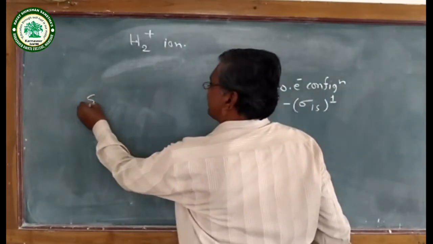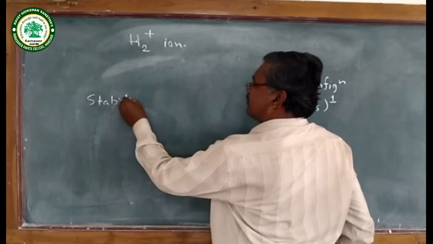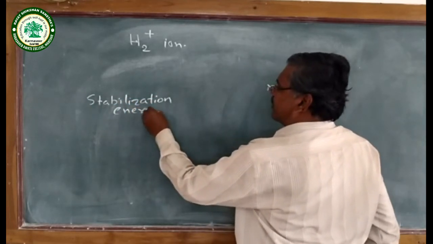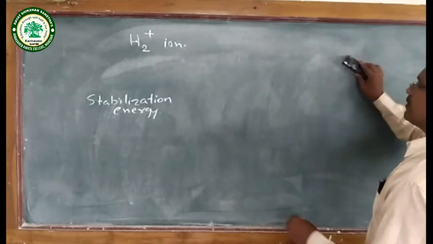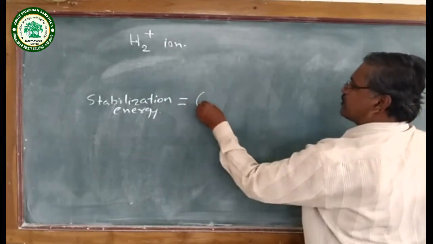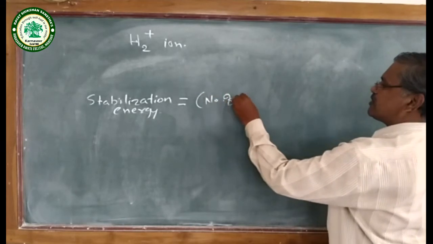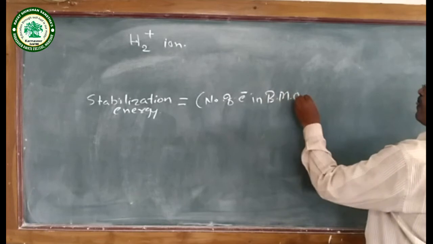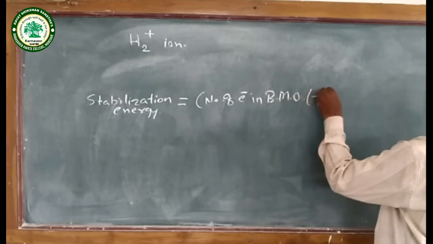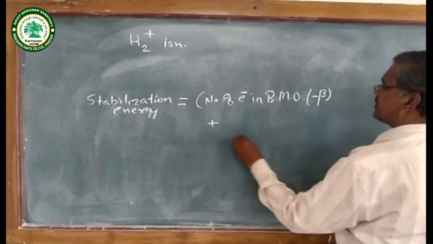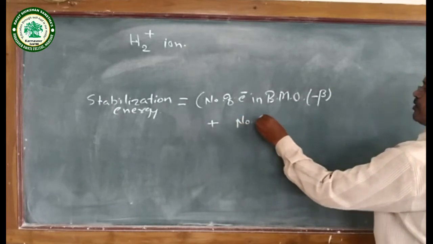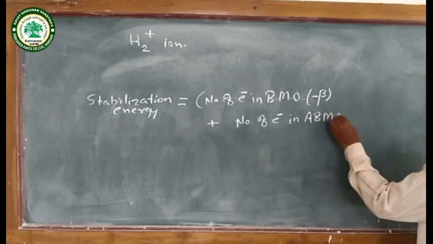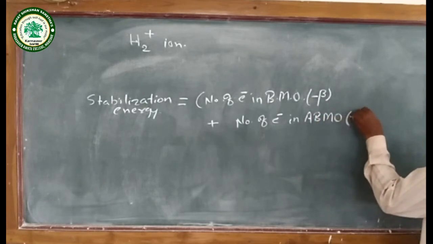The stabilization energy is given by the formula: number of electrons in bonding molecular orbital into minus beta, plus number of electrons in antibonding molecular orbital into plus beta.